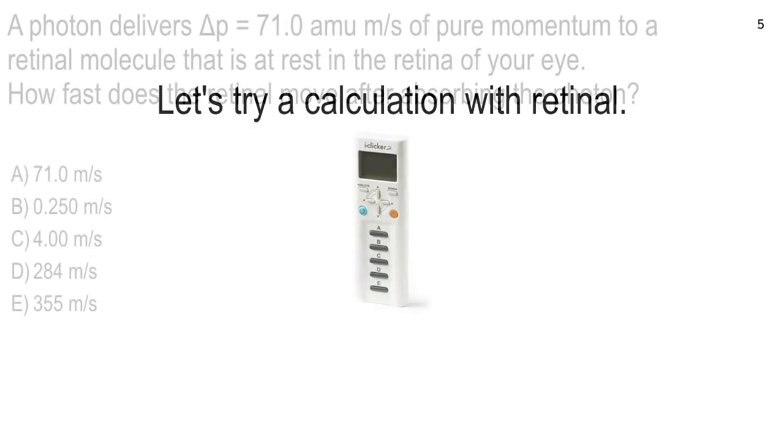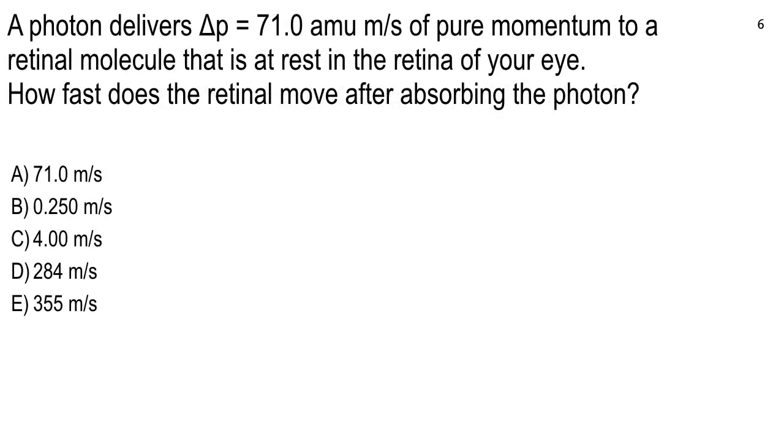So here we go. A photon delivers a delta P of 71.0 AMU meters per second. Jot this down in your notes. It's a good calculation to have on the back burner. The only difference here is, I posted a discussion thread a couple days ago that the green hex protein problem was just like boxcars, except it's molecules.